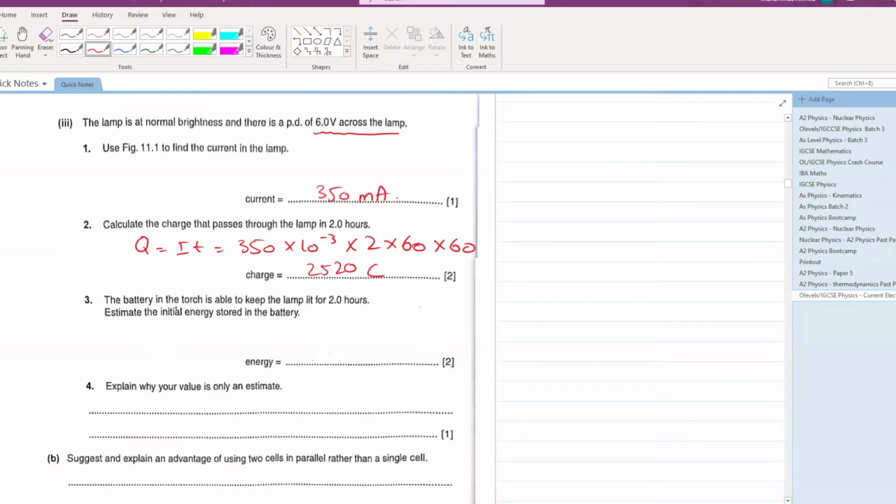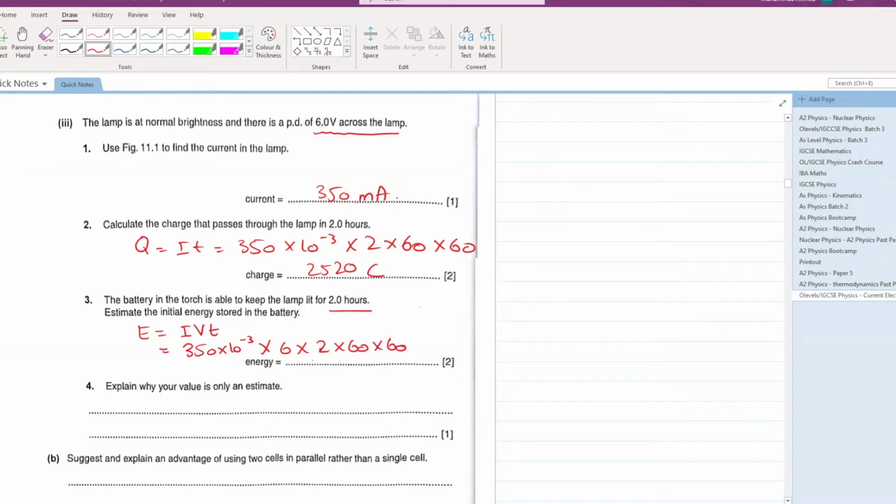The battery in the torch is able to keep the lamp lit for 2 hours. Okay. Estimate the initial energy stored in the battery. Okay. As I told you, we might be asked to calculate the energy. Energy is equal to current times voltage times time. What is the current? The current was 350 milliamperes. So 350 times 10 raised to the power of minus 3. What is the voltage? Voltage is 6. What is the time? 2 hours, 2 times 60 times 60.